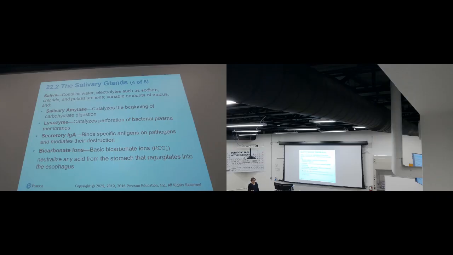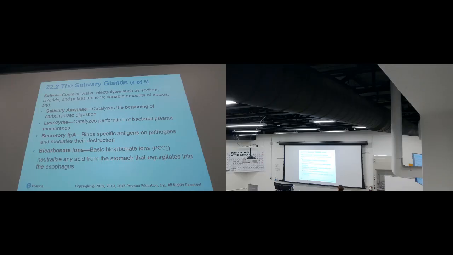Lysozyme is a good enzyme because it breaks down the bonds of a structure in the bacterial cell walls that we call peptidoglycan. With this, we can make a gap in the cell wall of the bacteria, and then you have an antibacterial property with the saliva.